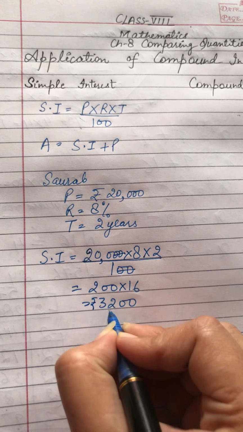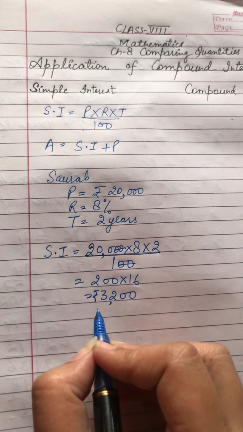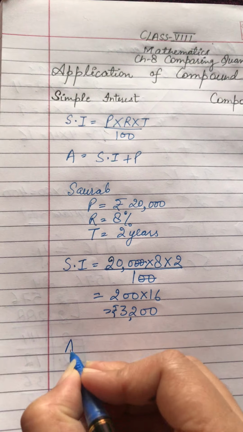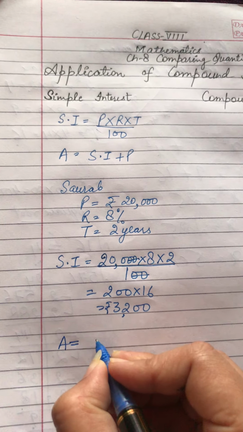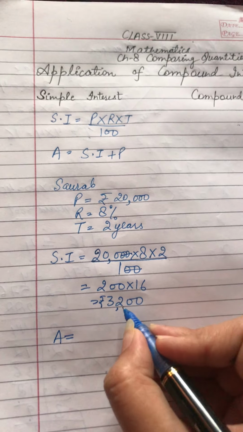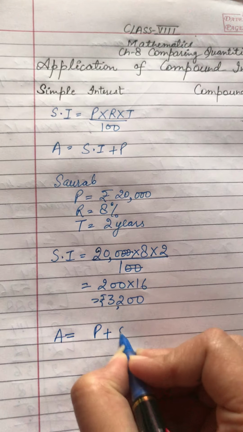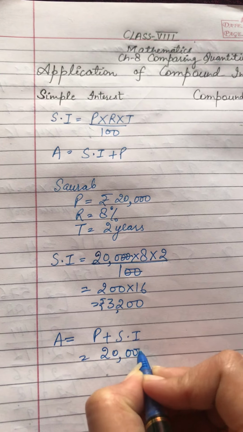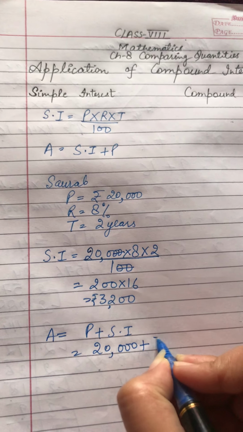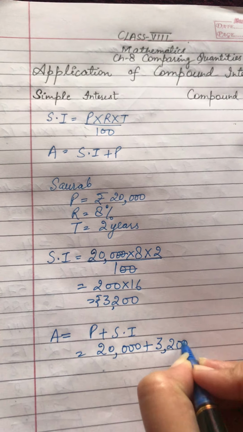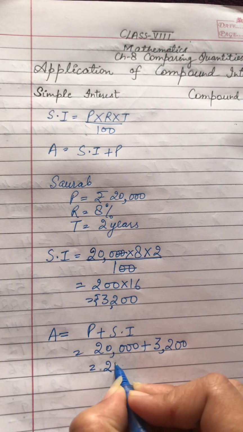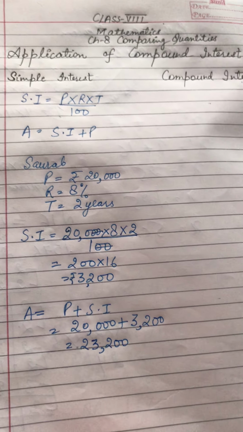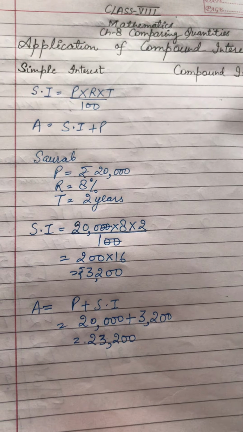Rupees 3200 is the simple interest for 2 years. Now how much is the amount which Saurabh has to pay at the end? He has to pay principal plus simple interest. Principal is 20,000 plus simple interest is 3,200. So he has to pay 23,200 rupees at the end.